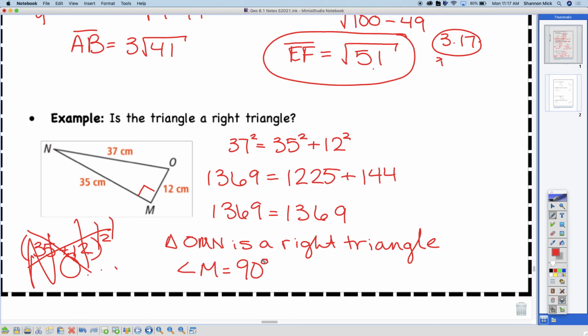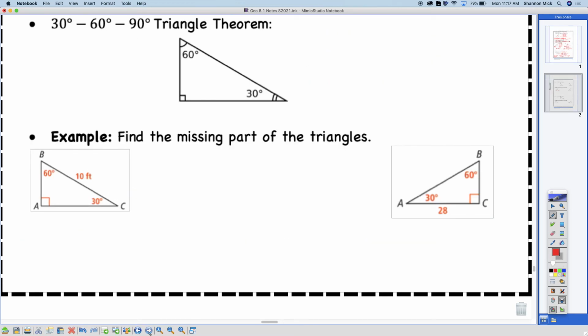Similar triangles have congruent angles, but the side lengths are proportional, meaning they have a ratio, a scale factor, don't they? So I'm going to give those to you so we can use them.